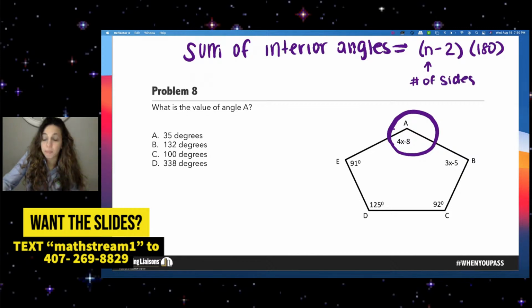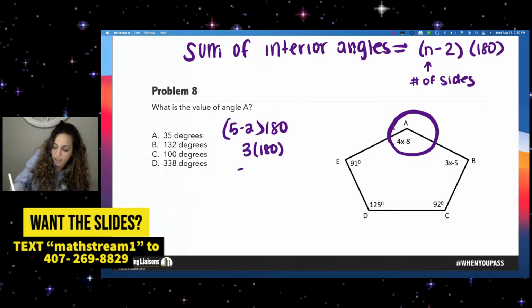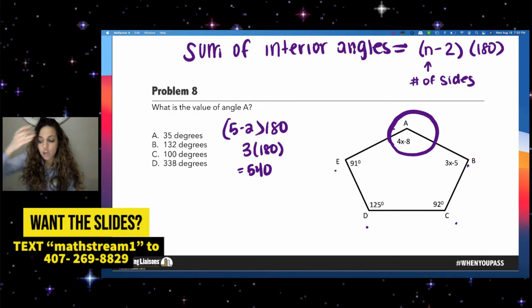So because we have a pentagon, we're going to do 5 minus 2 times 180, which is 3 times 180, which gives us 540. So that means that angle A plus B plus C plus D plus E all have to equal 540. So let's go ahead and just set that up.